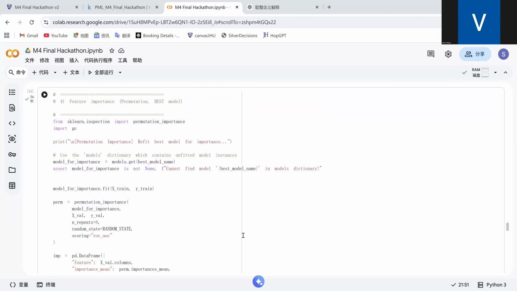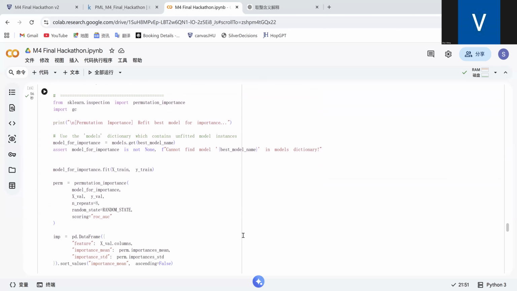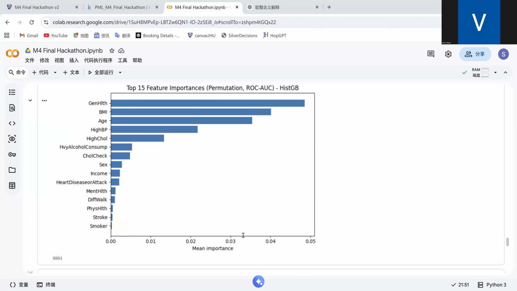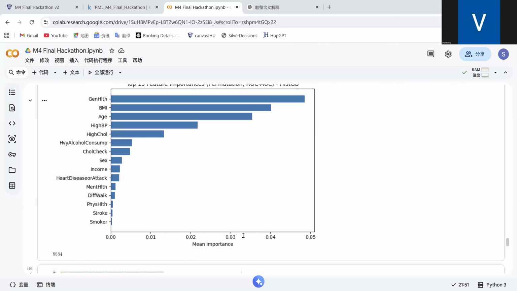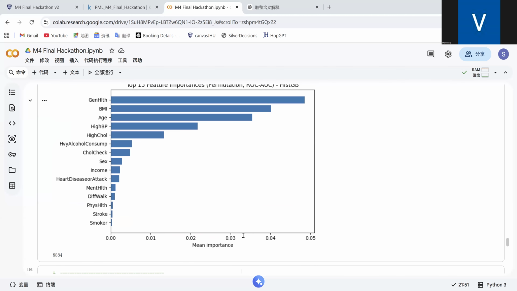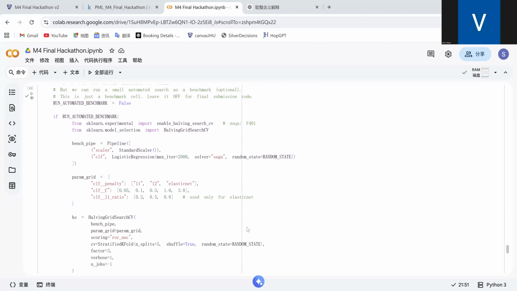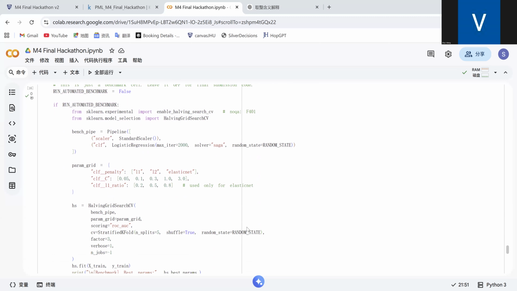The most influential features include variables such as age, BMI, and indicators related to cardiovascular and metabolic health, which aligns well with established medical knowledge about diabetes risks. This consistency between model behavior and domain understanding increases trust in the model's predictions.